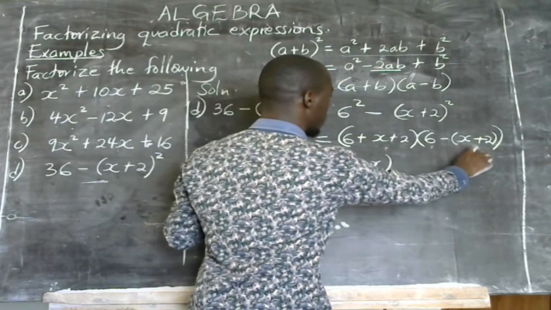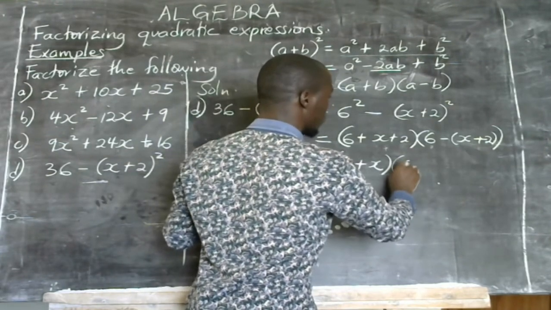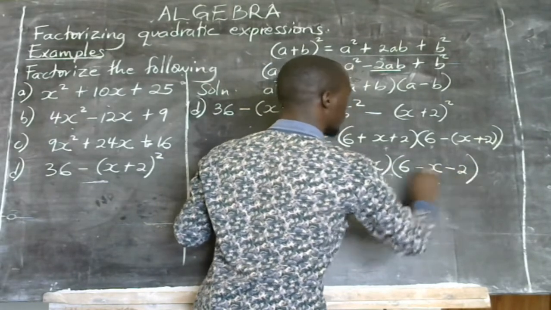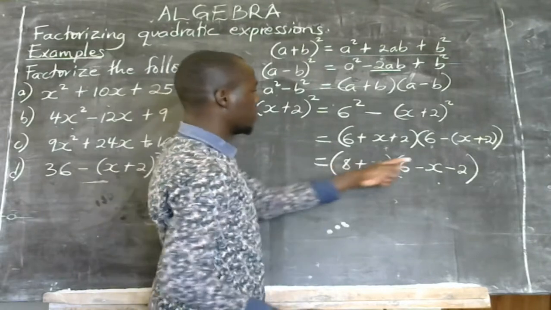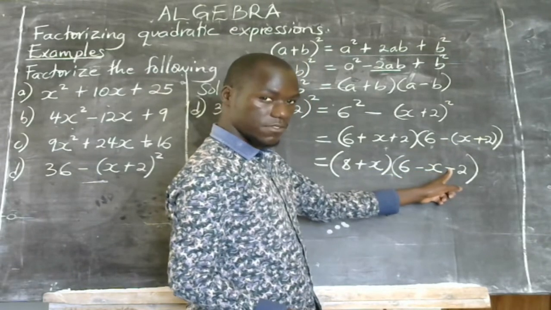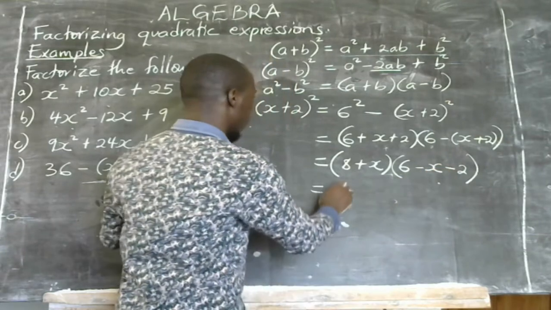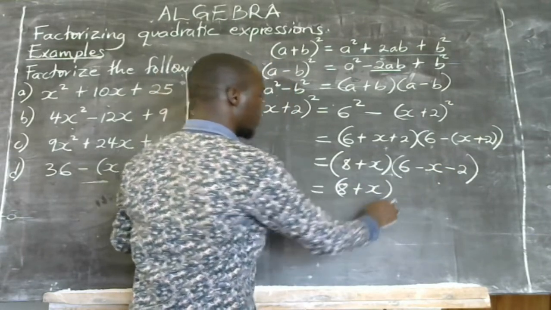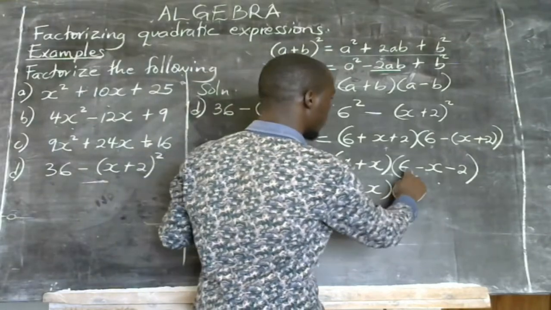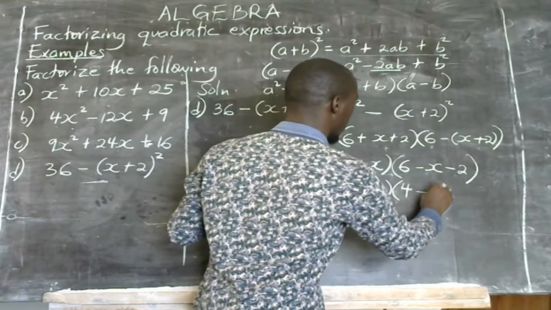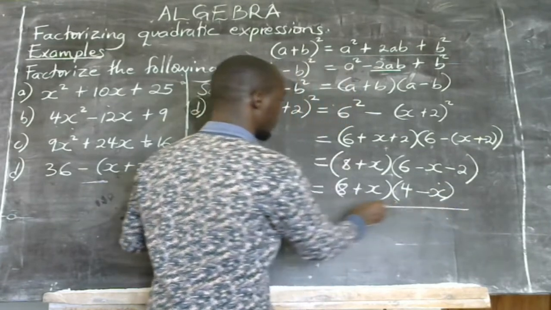Then the other one, when you open the bracket, that's going to be 6 minus x minus 2. So if you did not put the bracket, you'll be having this one as positive. So simplifying the other bracket there, we have 6 minus 2 to get positive 4, then minus x.